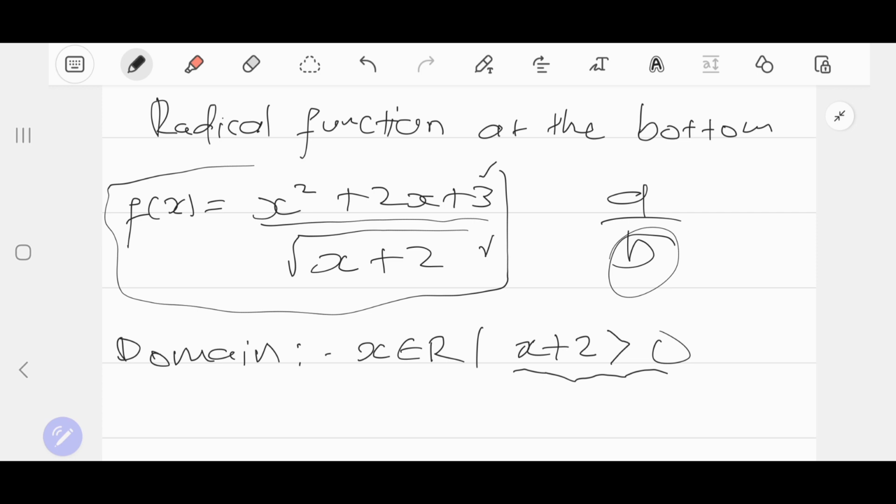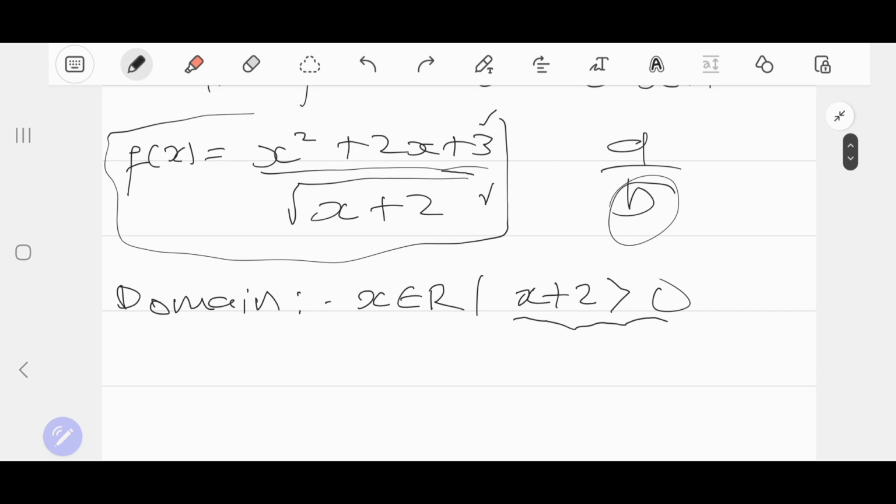But remember, what did I say? I always say you check whether the root sign is of an even number or an odd number. So let me make an example where the root sign is of an odd number, because this one is of an even number, since there is an invisible 2 here. Whole of this thing under the square root must be greater than or equal to 0.